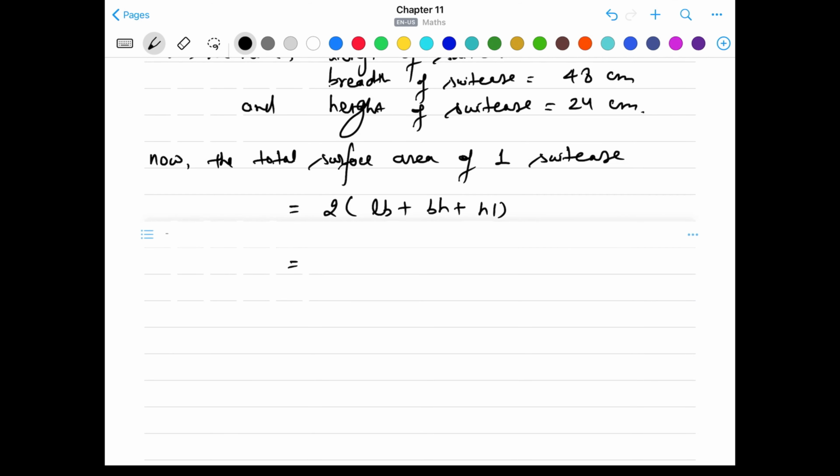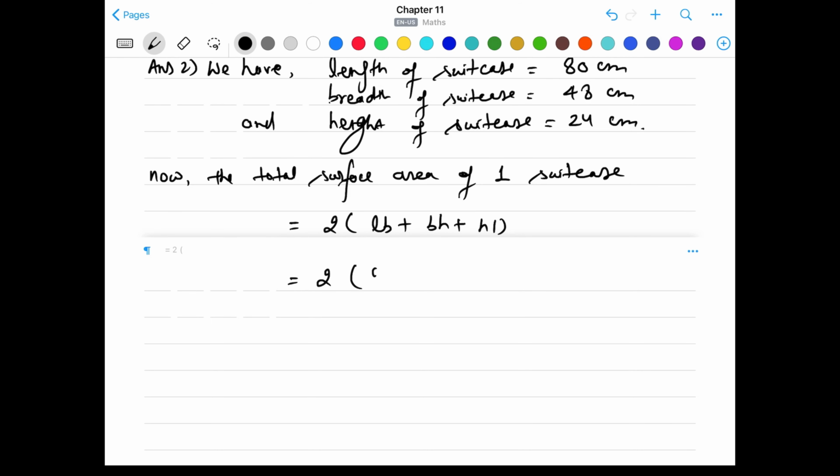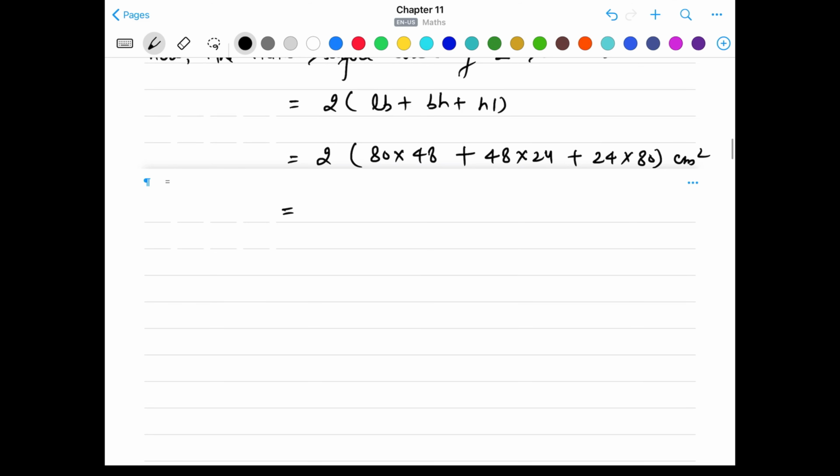Okay, let's insert the values here. We have 2 L into B, L here is 80 into B is 48. We have plus B into H, that means 48 into 24, plus HL is 24 into 80, then common unit is centimeter square. Now we have to solve this to find its answer.